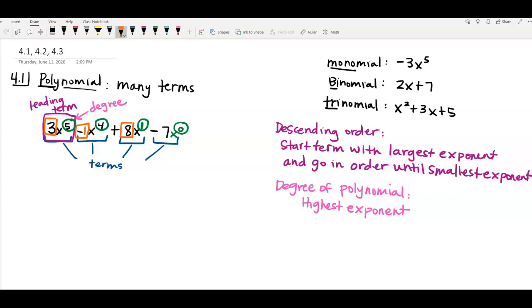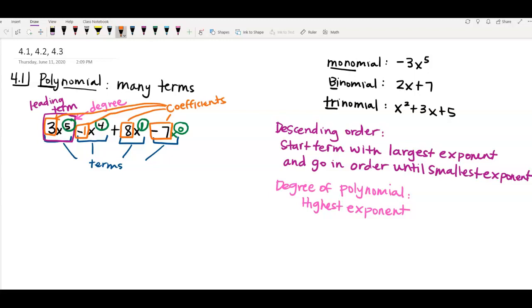This one's an 8, and this one's a negative 7. So the numbers out in front are called the coefficients. That's what all these are that I have here in orange.